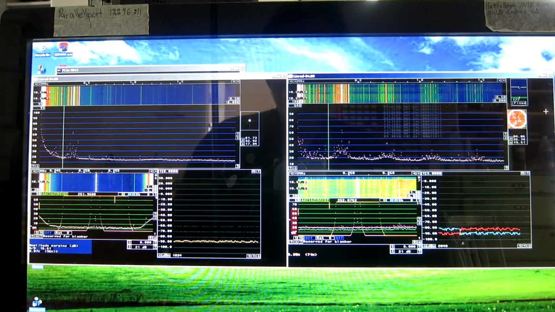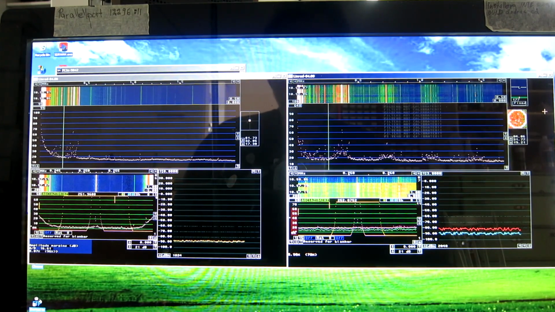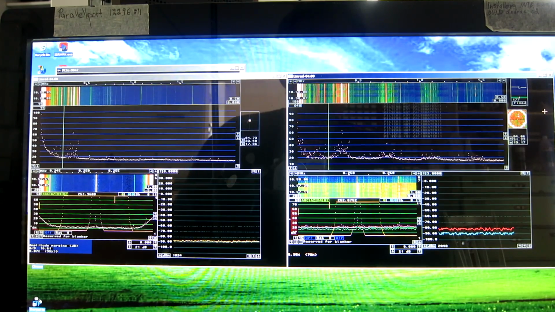This is an AD converter, and I think this is a sign of digital feedback. That means the digital data enters the input of the AD converter. I will now switch to connect the antenna to this channel instead.